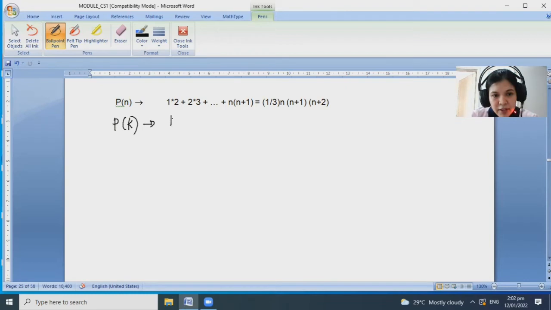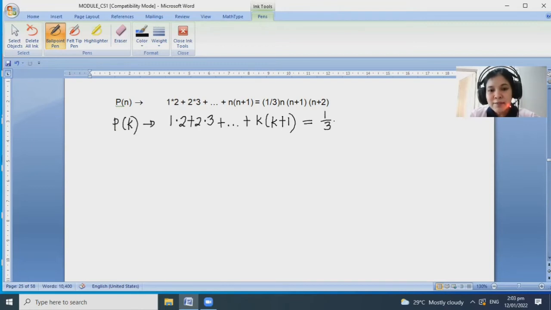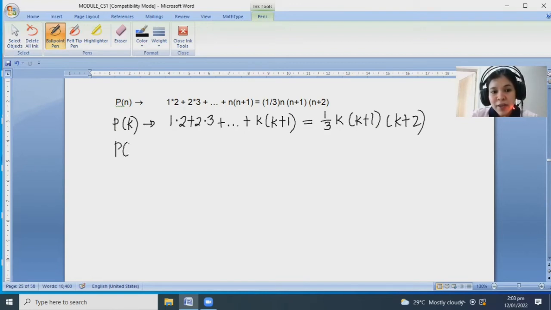So, copy everything: 1 times 2 plus 2 times 3 plus and so on and so forth plus, all the n replaced by k, so k times k plus 1, equal sign 1/3 times k plus 1 times k plus 2. That's it for now. Then afterwards, let us have P of k plus 1.